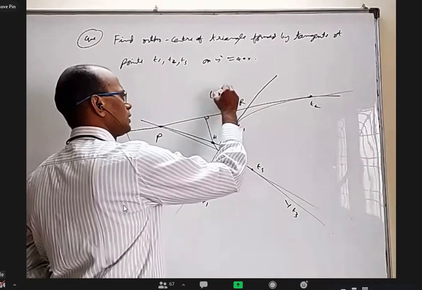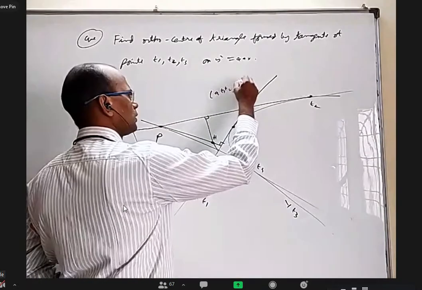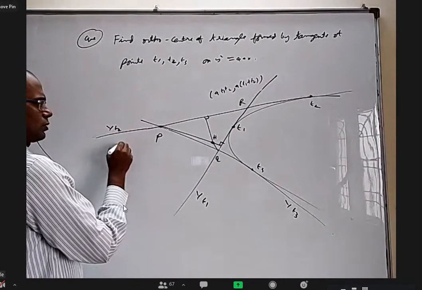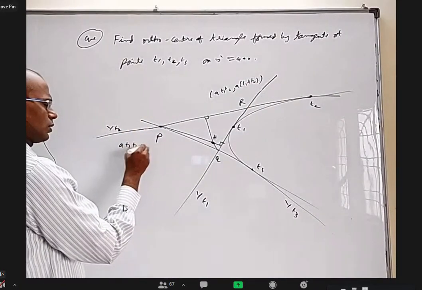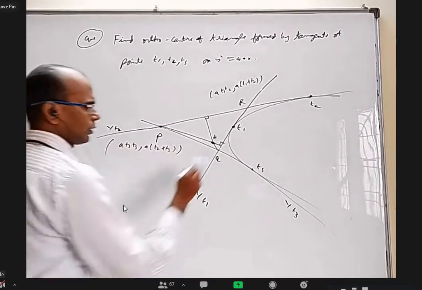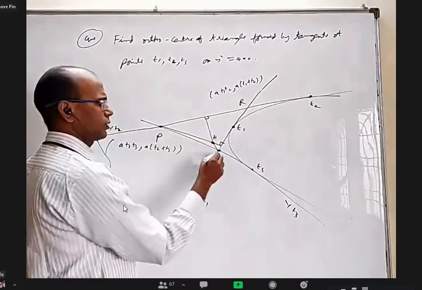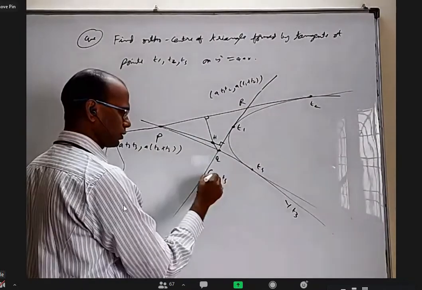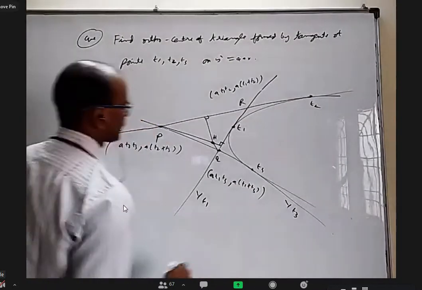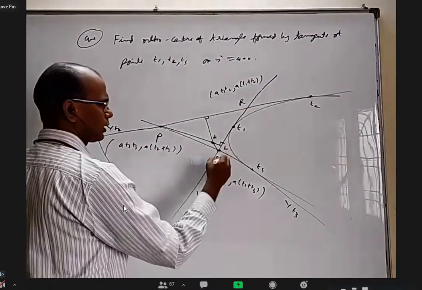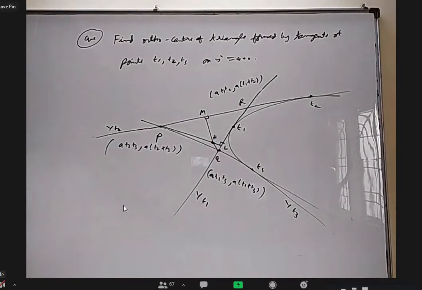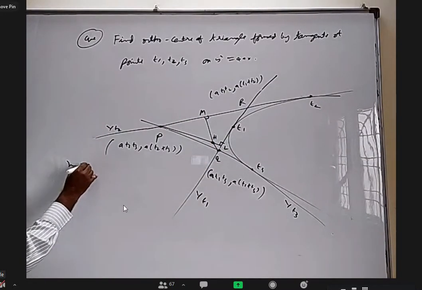R is (aT1T2, a(T1+T2)). P is (aT2T3, a(T2+T3)). And Q is (aT1T3, a(T1+T3)). We can call these altitudes PL and QM.